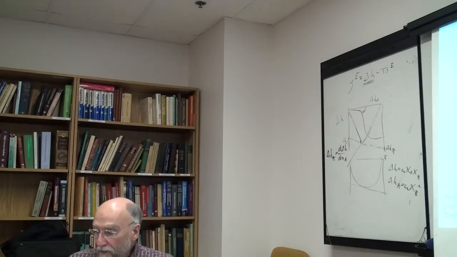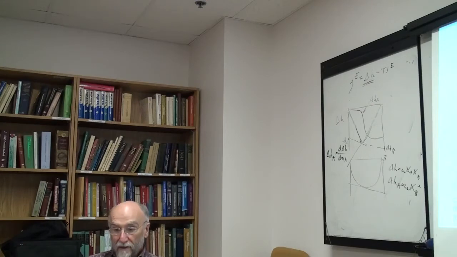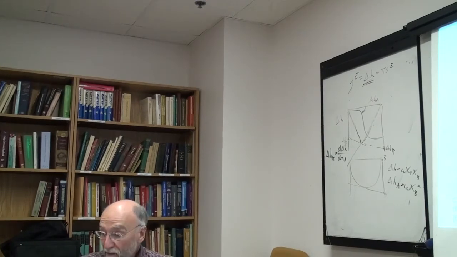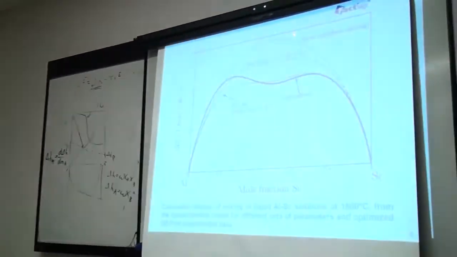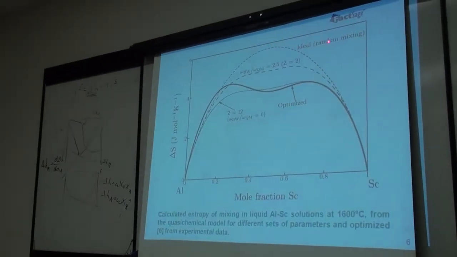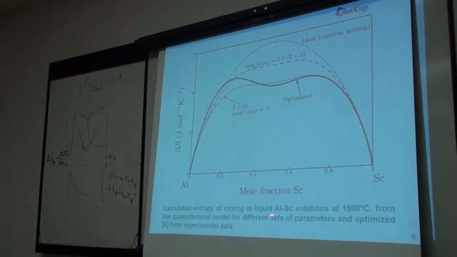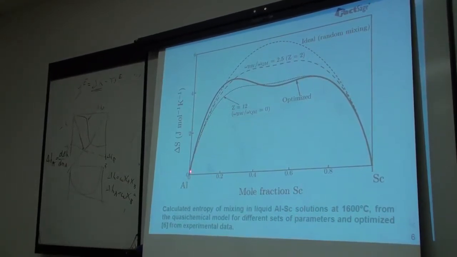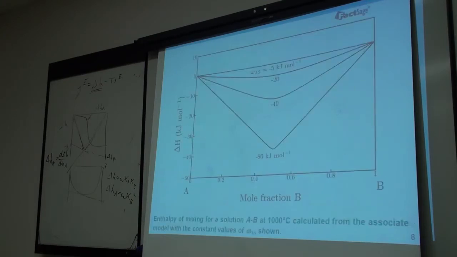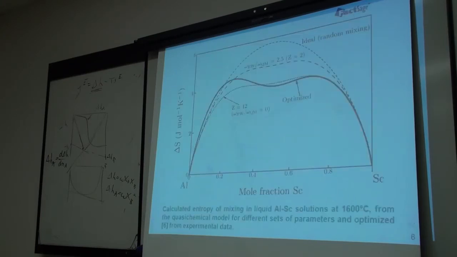Okay, so now what does the entropy look like then? This is what the entropy looks like. Remember, this is your ideal entropy up here, your random mixing, x1 log x1 plus x2 log x2. In this aluminum scandium system here, or aluminum calcium even more so, you get a minimum, because this is your composition of ordering.